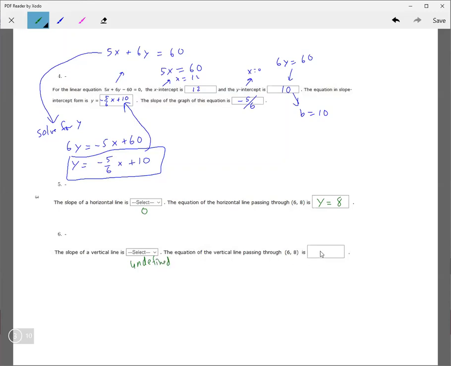And if you want an equation of a vertical line, then x equals the x component, which is 6. Okay.